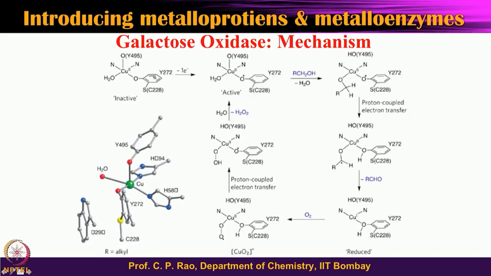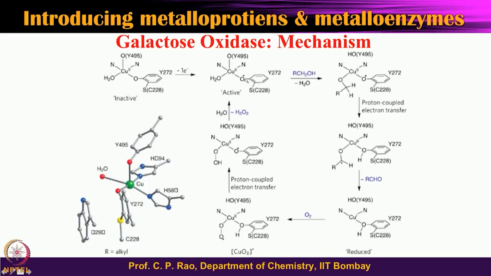And this cofactor in the resting part is not a radical, and when it turns to the radical, that means 1 electron oxidation of this, 1 electron oxidation of this. So, that will be an electron cation here, and this is referred to as the active form.